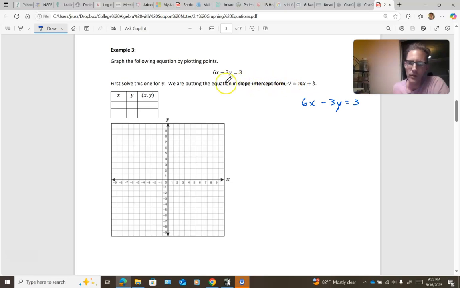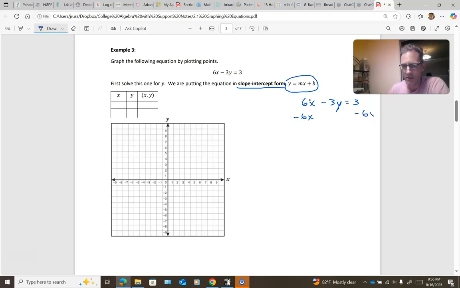Okay. When you do this, guys, when you're solving a linear equation for y, you're putting it in what's called slope-intercept form, or this form right here, in other words, where m and b are just numbers. Okay. And so the way I eliminate this 6x term is by subtracting it, because it's a positive.